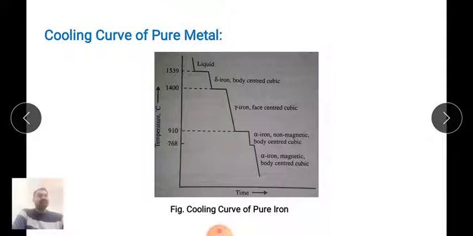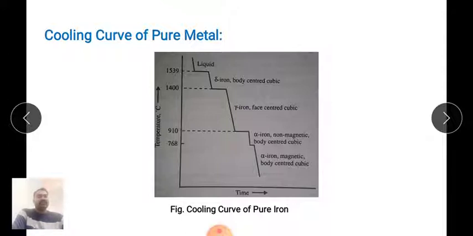So there is a lot of similarity with the topics we have studied for allotropy of the pure metal. In that case, the section-wise study of alpha ferrite, austenite and delta ferrite is given in relation to the temperature.